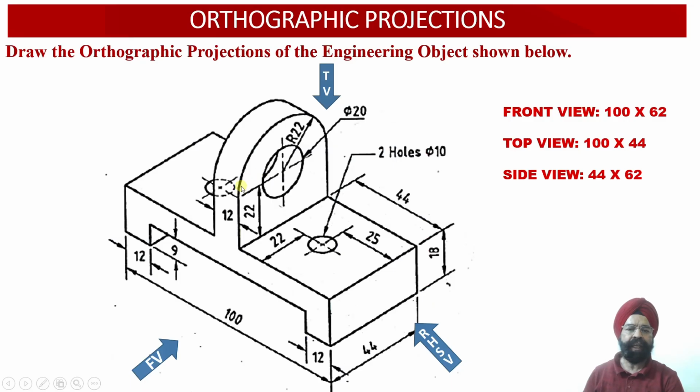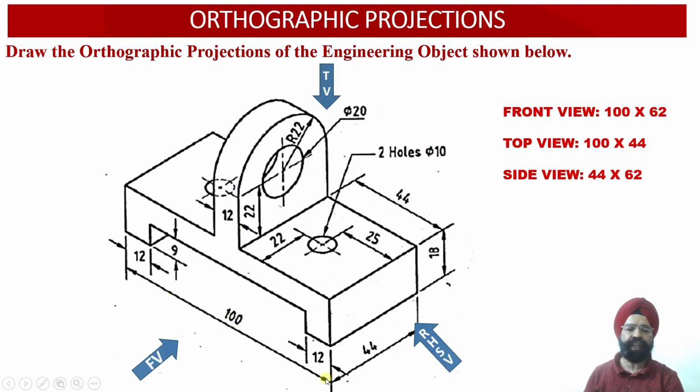Then we have a semicircular top portion corresponding to this vertical web, having a radius equal to 22 millimeter. So this distance is 22, this distance is 22, that makes it 44 plus 18. So we get the total height of the solid equal to 62 millimeter.